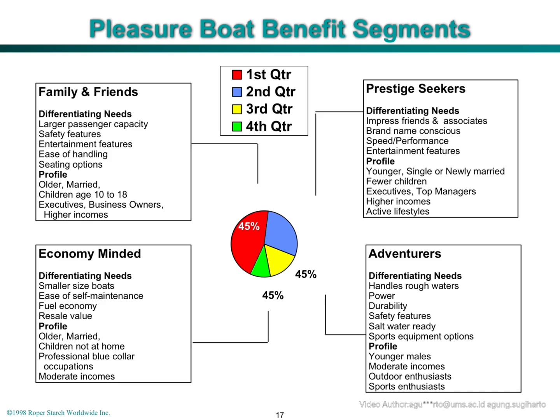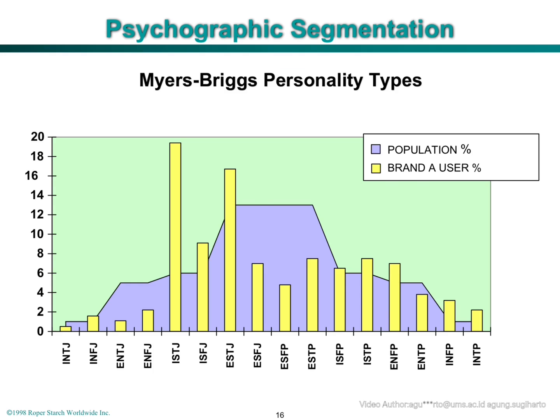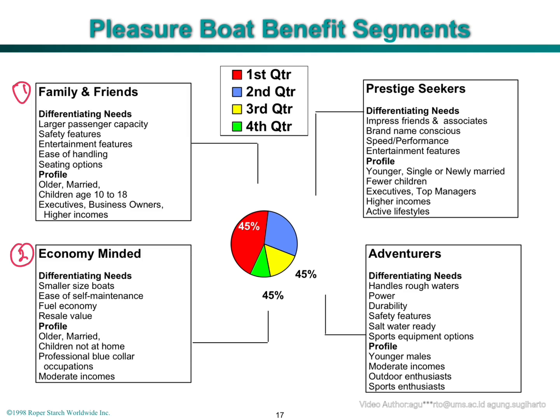And here we segmented our customer into four: firstly family and friend, secondly economic minded, thirdly prestige seeker, and fourth the adventurer. We divide our segment into four segments here.